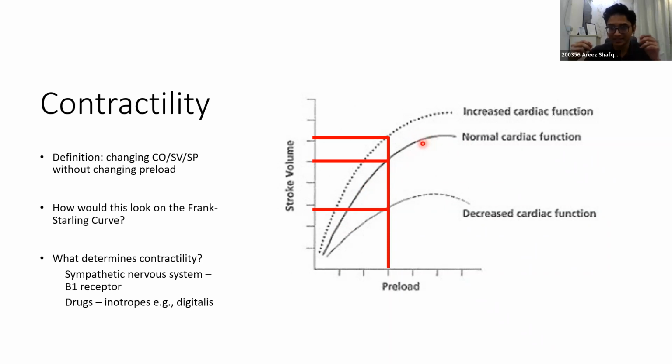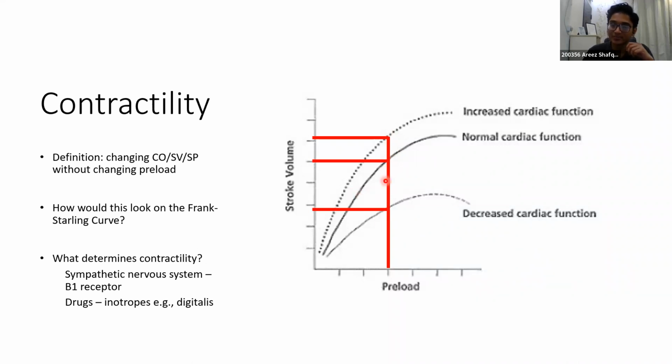This change is because of Frank-Starling: preload increased, volume increased, contraction increased. However, contractility is me changing stroke volume without changing preload. So I have to go from here to here. This would be an increase in contractility.